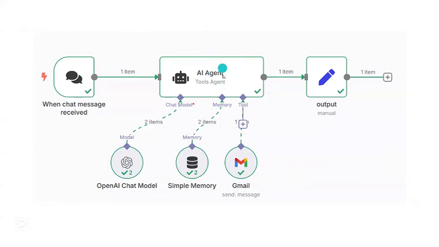And then there is this AI agent. There are three things linked to this agent. The first is the large language model. I have used the OpenAI chat model in this case. The second one is the memory. I have created a simple memory to remember the conversation. And the third one is the tool I have used, Gmail.